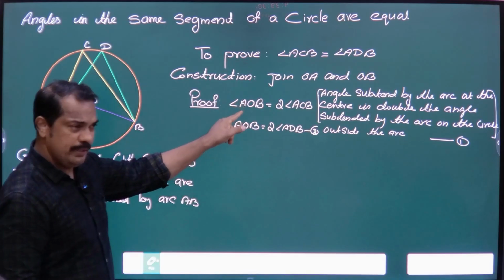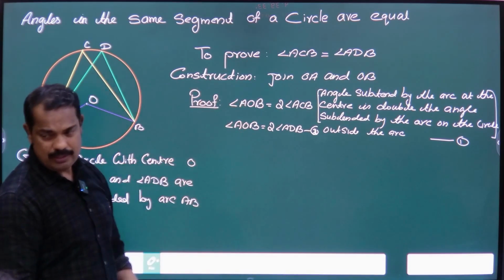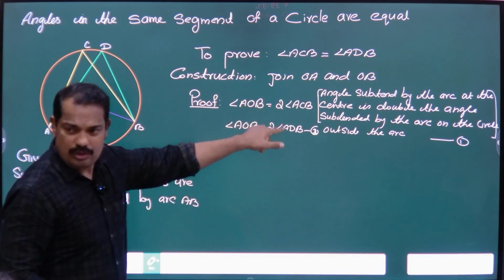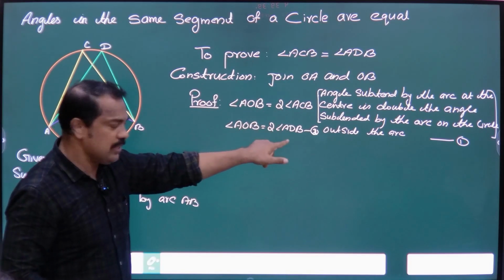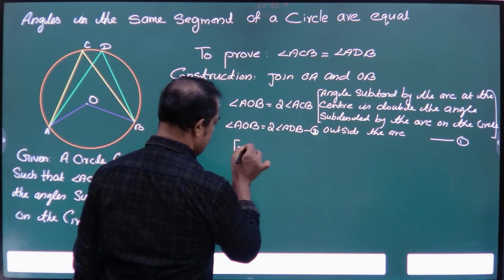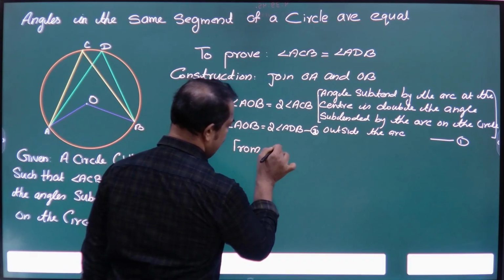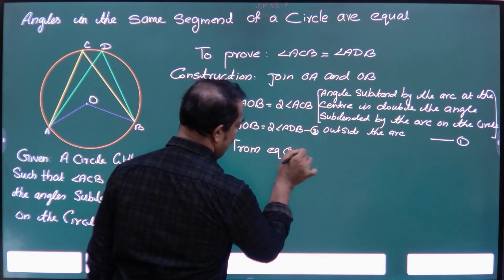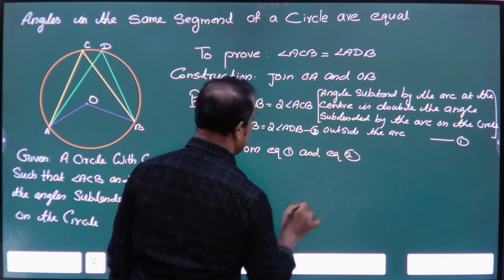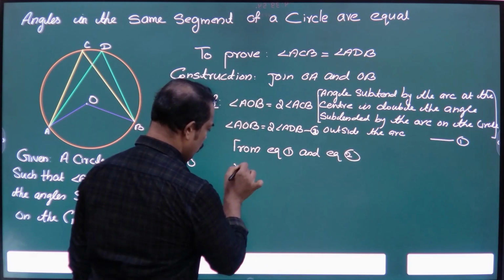Now listen. This is angle AOB. It is also angle AOB. So from equation 1 and 2, 2 angle ACB equals 2 angle ADB. The 2 cancels.